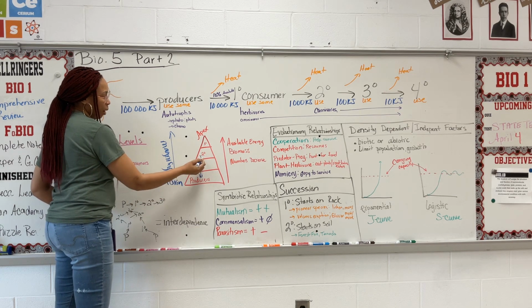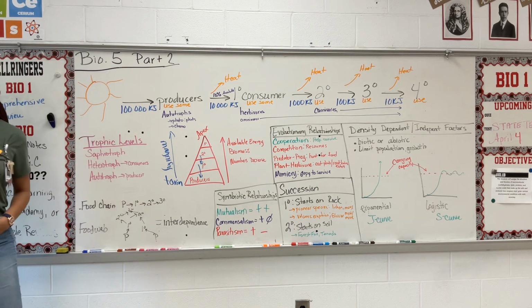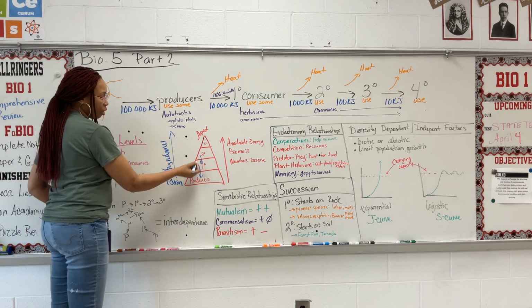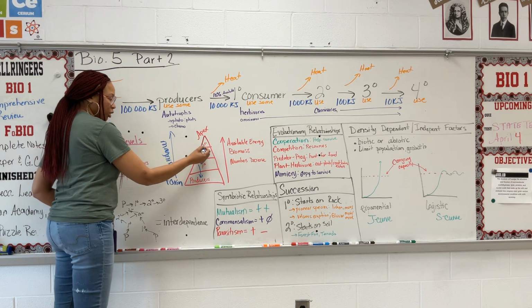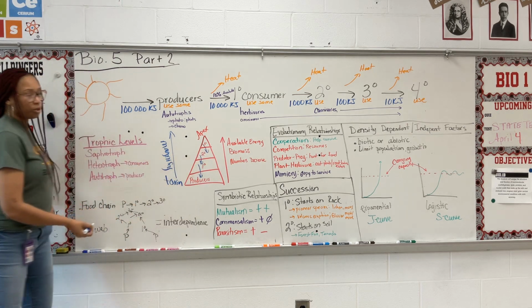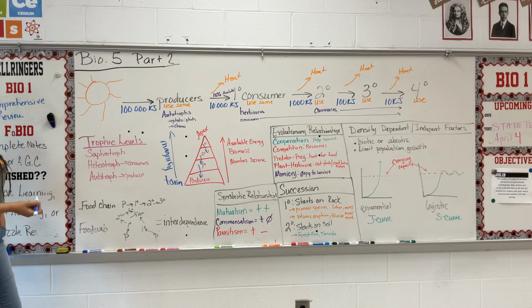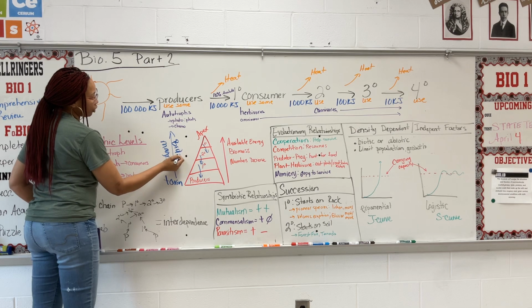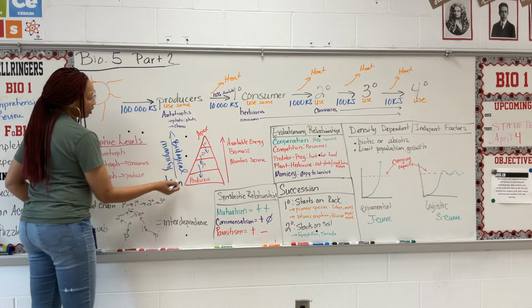Secondary consumers eat primary consumers, but because they get less available energy, they're going to eat more. So they will take in more of the toxin. And tertiary consumers are going to eat the secondary consumers, and they're going to have to eat more. So the amount of toxin intensifies as you move up the trophic level, and this is called biological magnification.